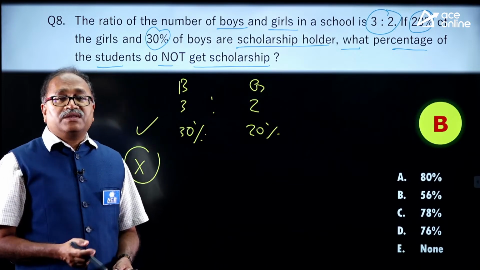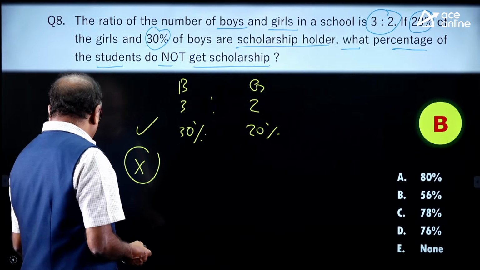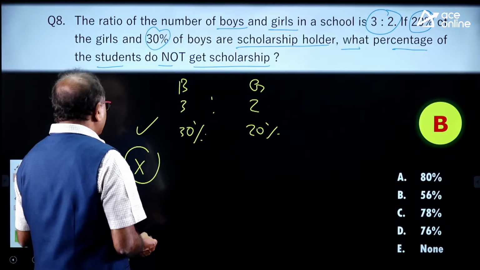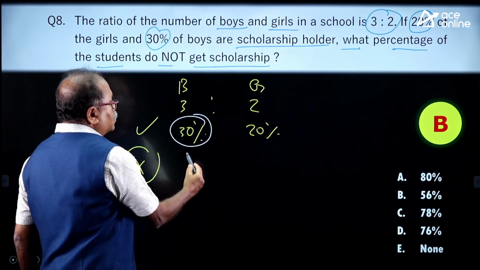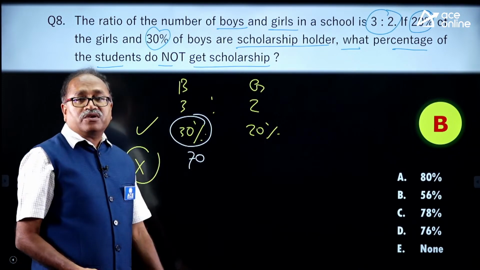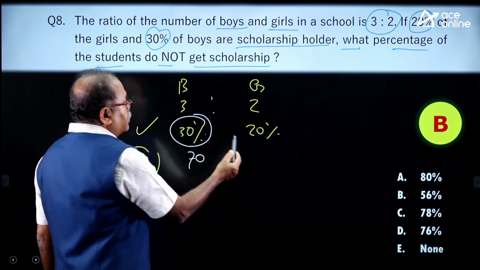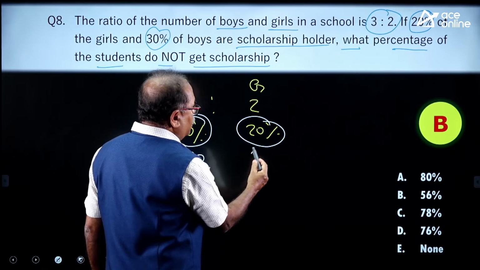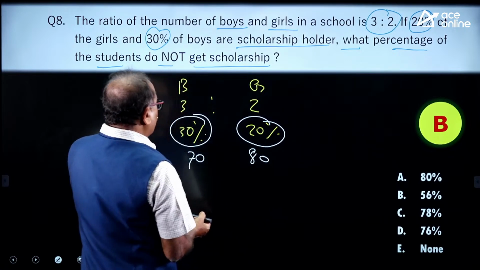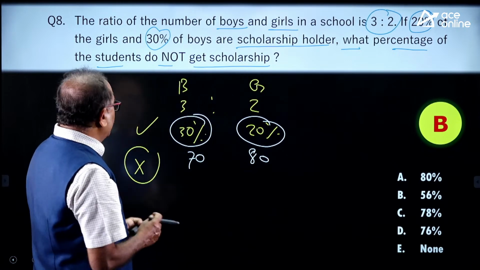What is the best way to answer this question? Now, I already know that 30% are getting the scholarship, that means 70% are not getting the scholarship. From girls, 20% are getting the scholarship, that means 80% are not getting the scholarship.